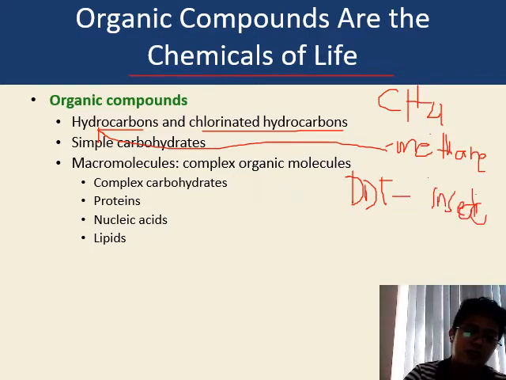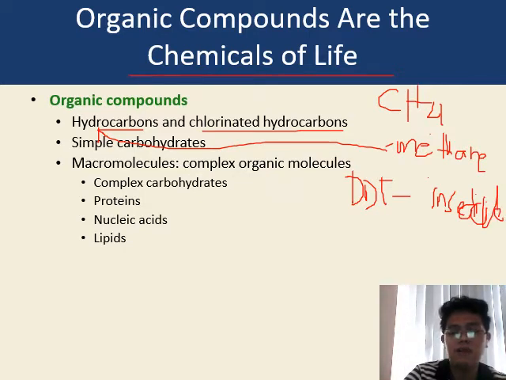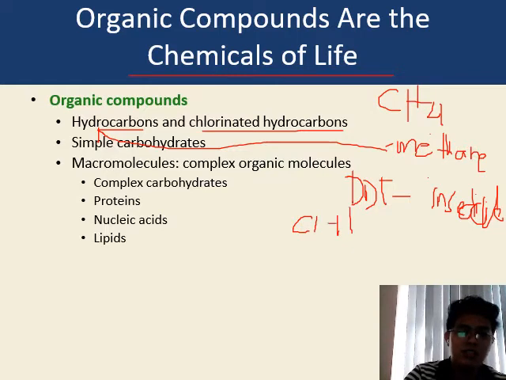A chlorinated hydrocarbon is just a combination of an atom of chlorine, hydrogen, and what's the other atom? The carbon.